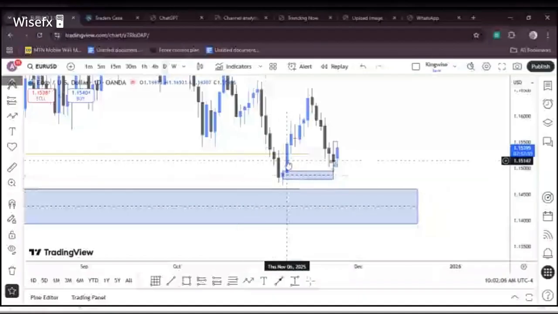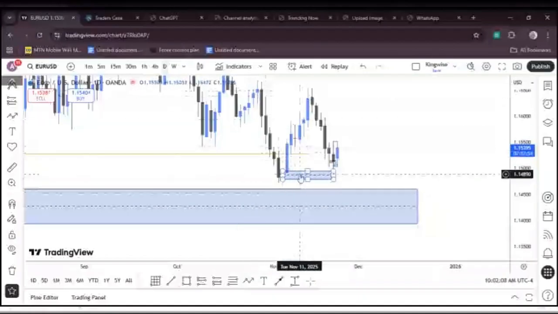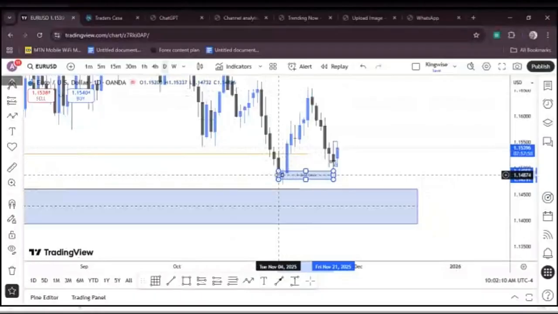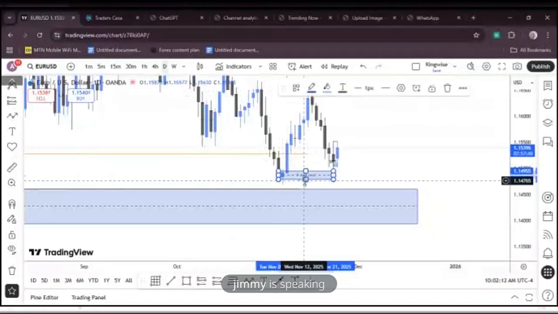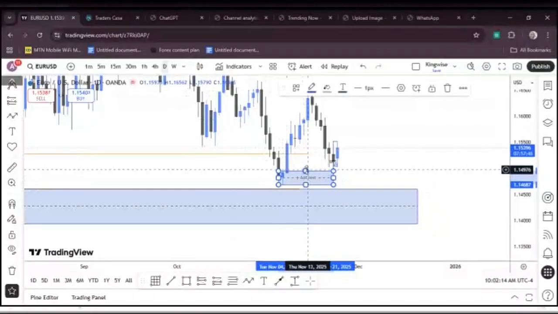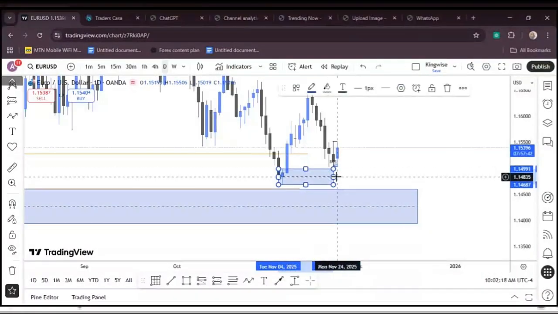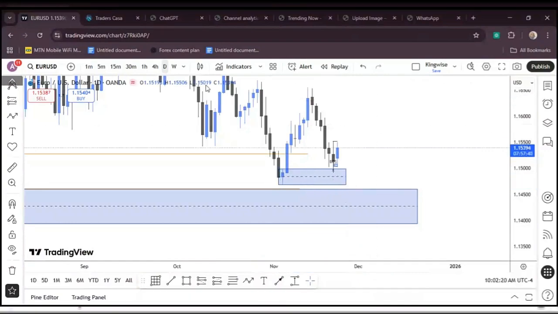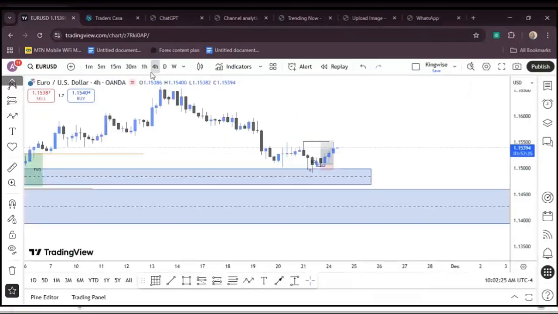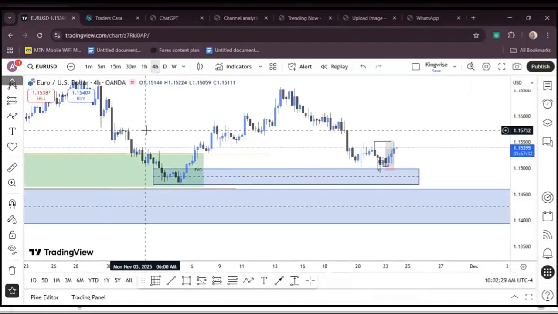This last candle before this bullish push to the upside, this small last bullish candle, is our demand zone. So when I saw that, I marked it. Then the next thing you do is go down to your 4-hour time frame and see if you can refine that candlestick.